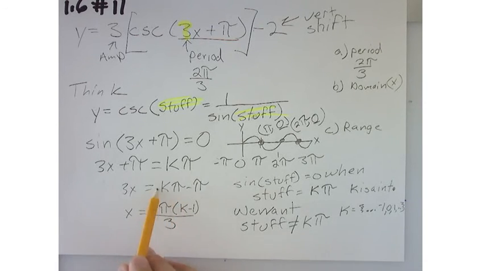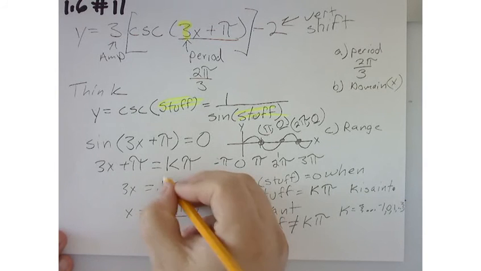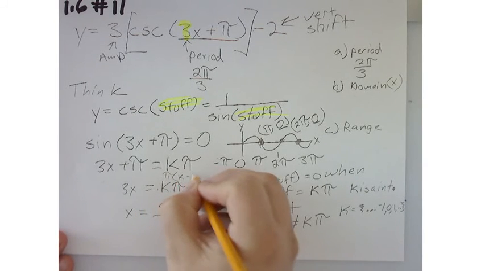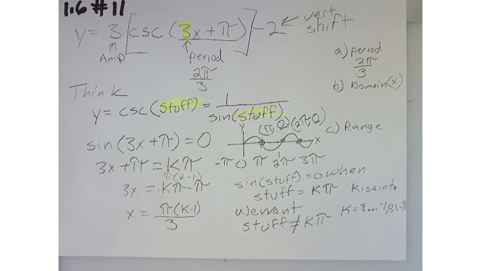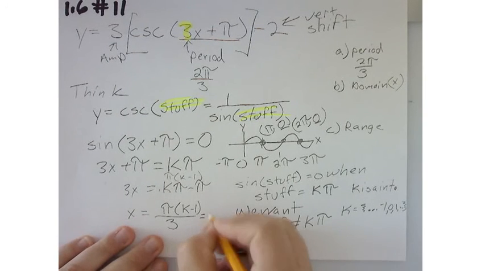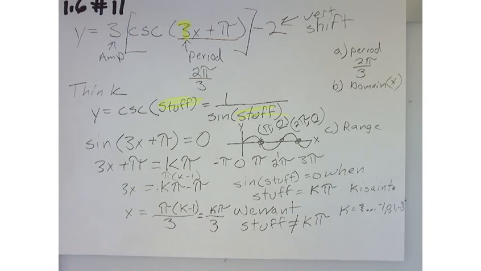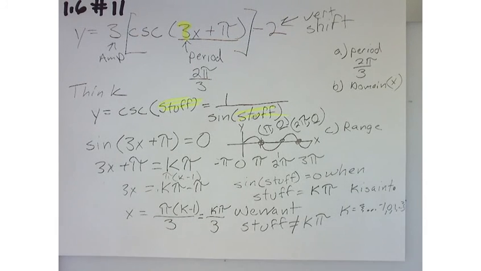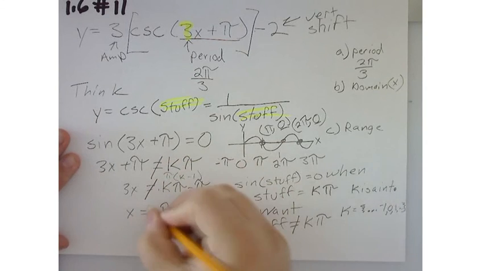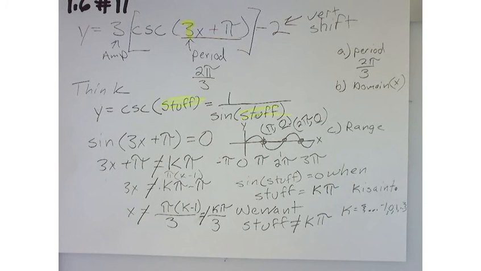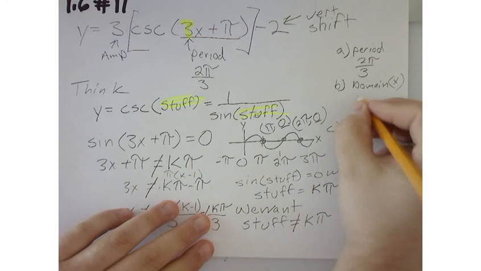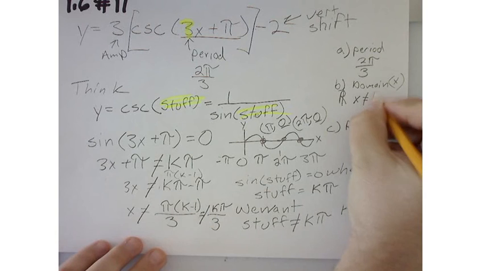So I could think of this as k pi over 3, because any integer minus 1 is still an integer. So to simplify my formula, I'm going to say that x cannot equal k pi over 3. So my domain is all reals, but x cannot equal k times pi over 3.